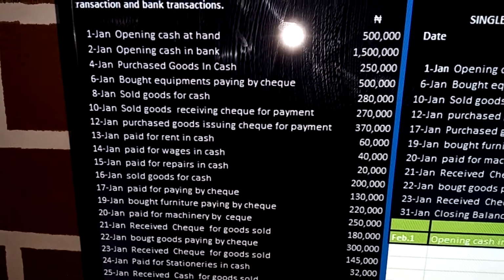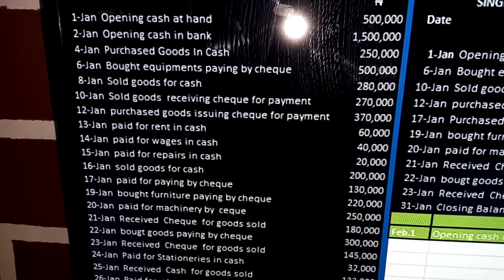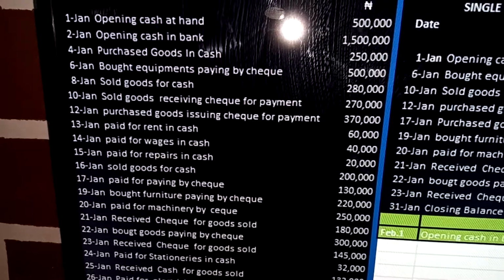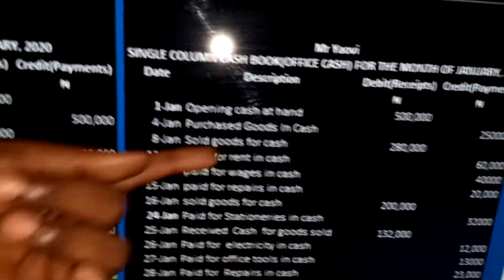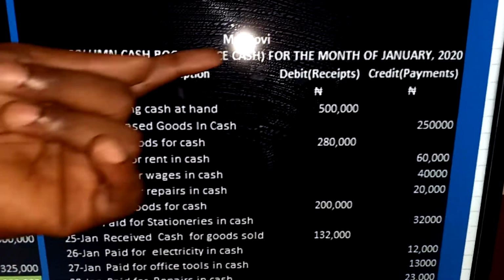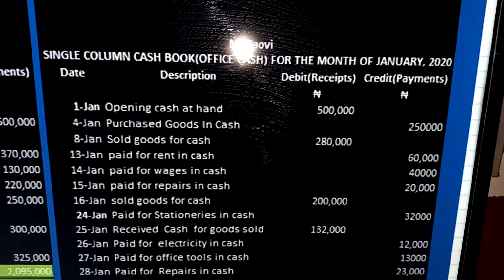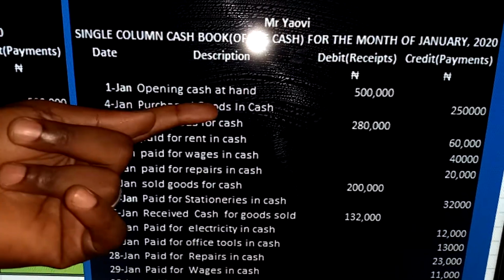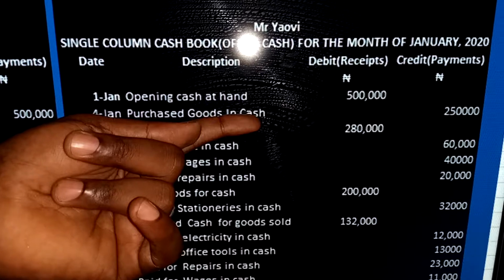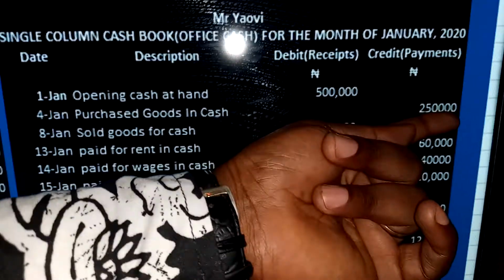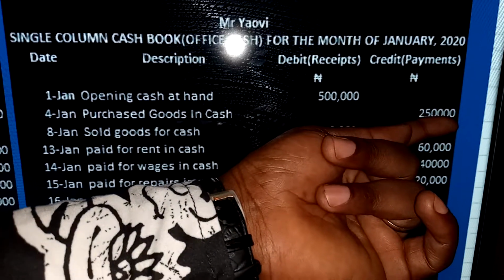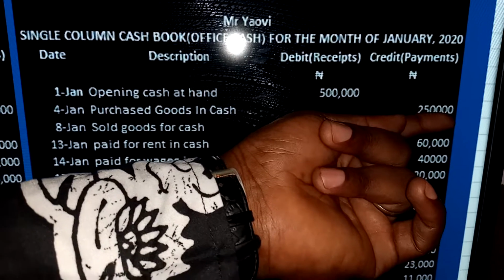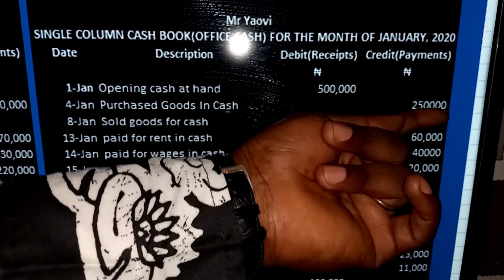So it is related to cash, and it is a payment item. So we go to our cash book for single column office cash. 4th January, purchase goods in cash, 250,000 as a payment, because money is going out.